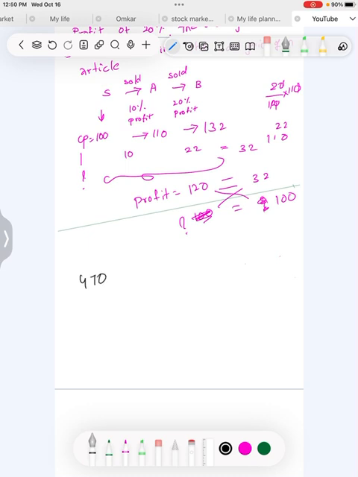10% profit, right? Means 470 plus 47, right? Is the answer. Okay, this is the profit, and there's a 20% profit, right?